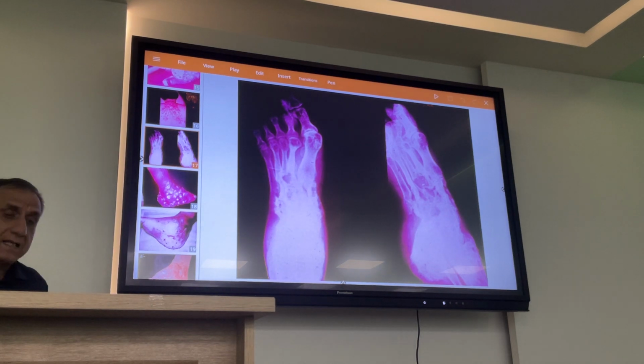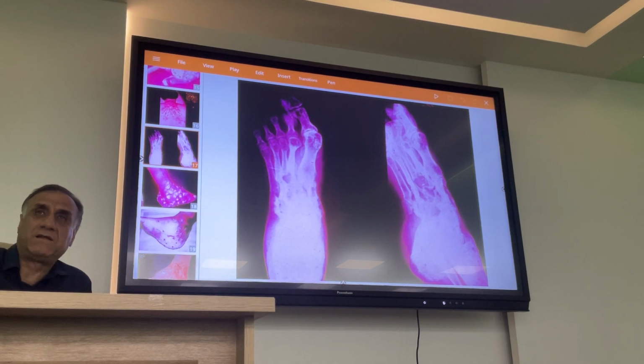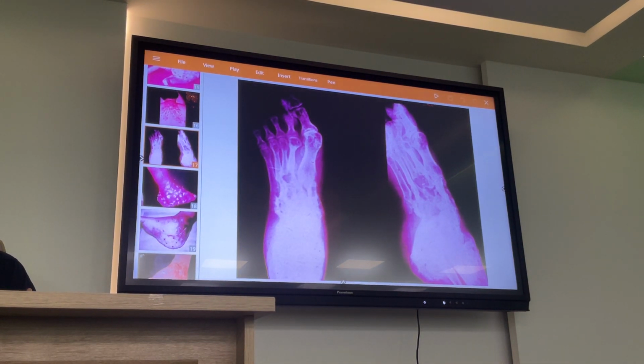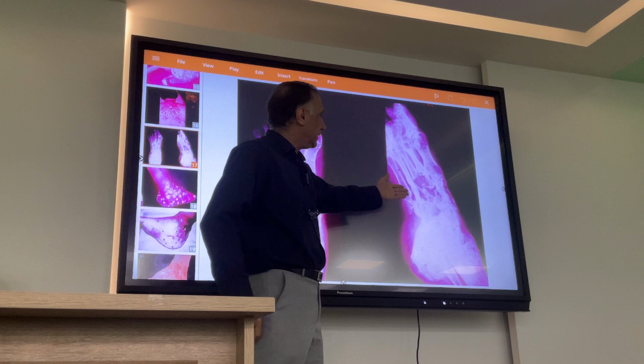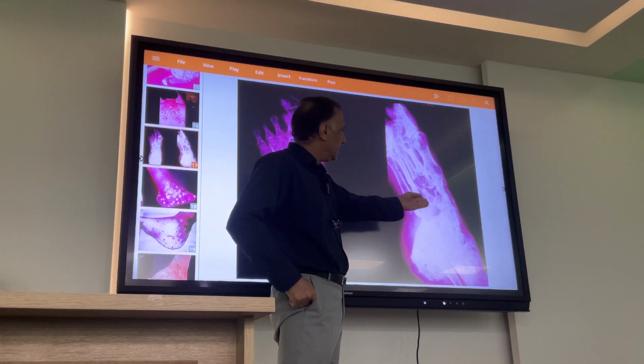Therefore, we must start diagnosis as soon as possible, suspect this infection, and start the treatment. If a patient hasn't any bone tissue involvement, the treatment is good. The prognosis of infection with drug treatment is good. But when it invades the bone tissue, the treatment is only surgery.